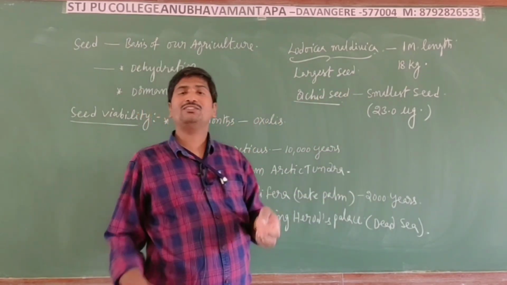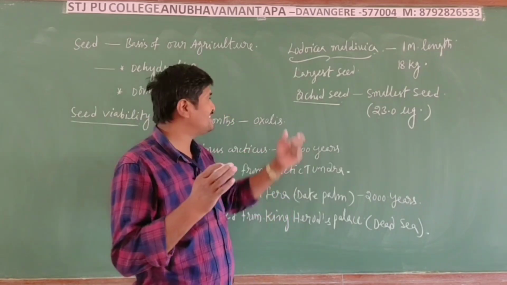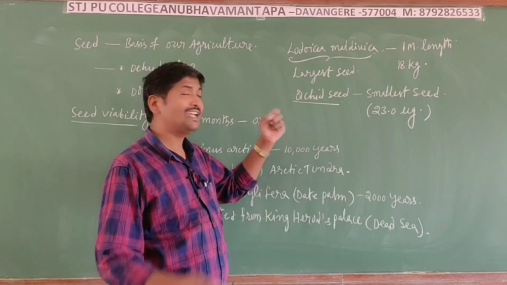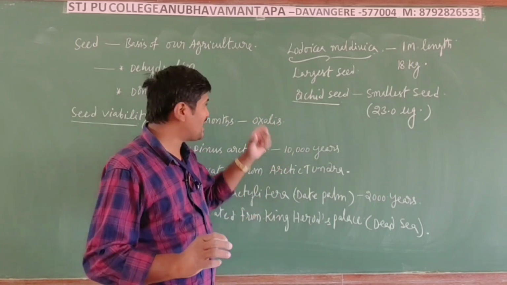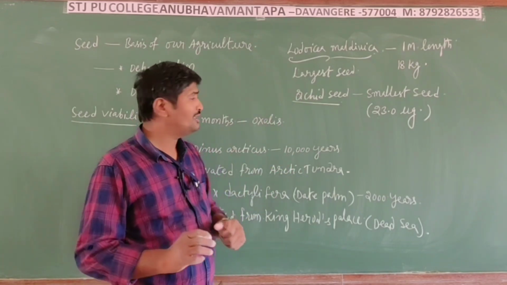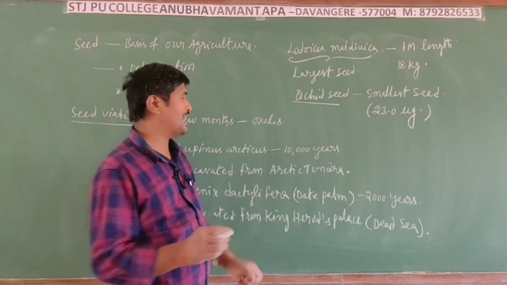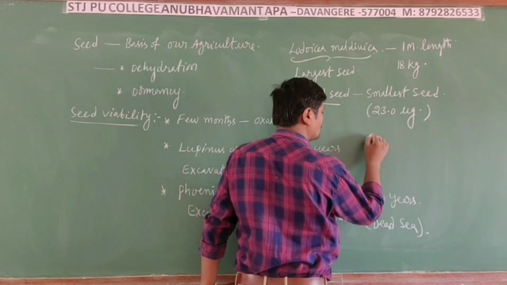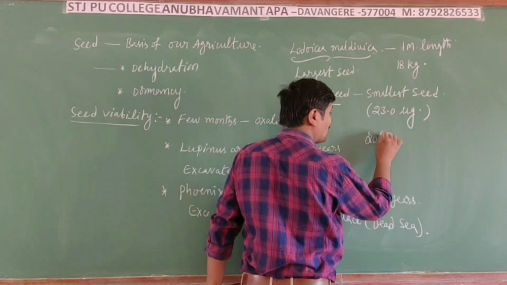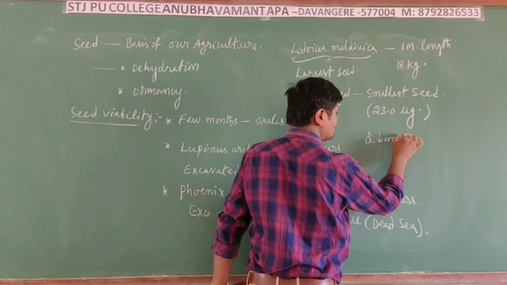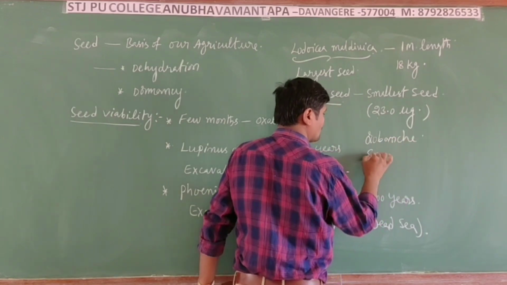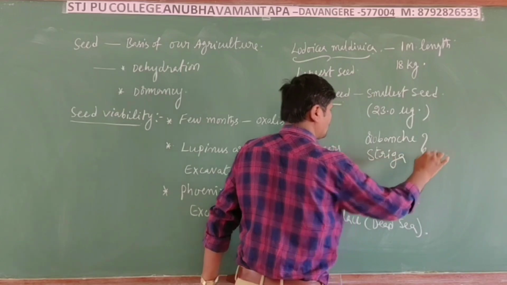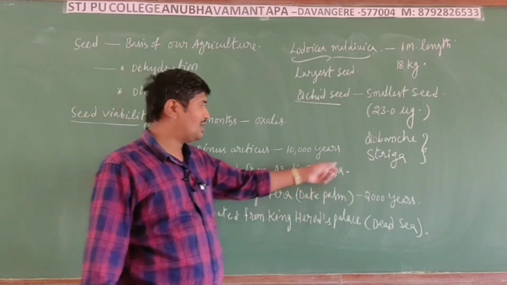The orchid fruit also contains thousands of seeds in a single fruit. And not only the orchid plant, you take some parasitic plants. The best examples for the parasitic plants are Orobanche and Striga.